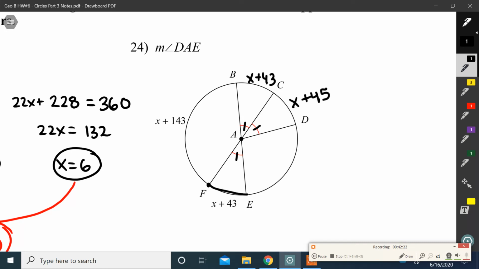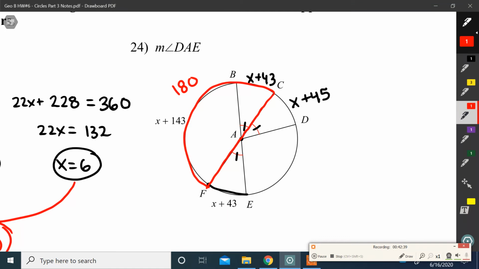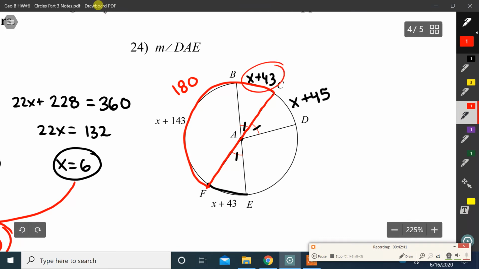What is x? Okay. Here's how you're going to figure out what x is. We know, okay, this is the diameter, so the whole thing right there is going to be 180. So the way you solve for x is the following. This plus this is equal to 180. So x plus 143 plus x plus 43 is 180.